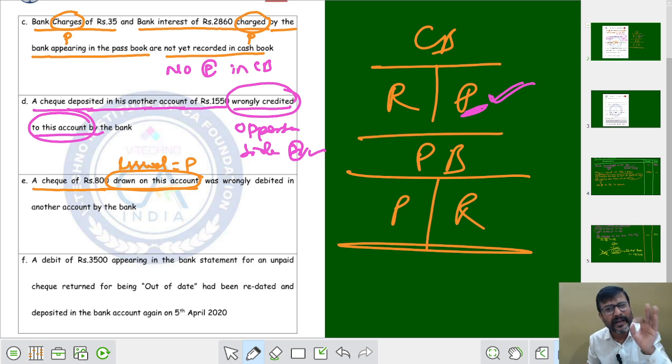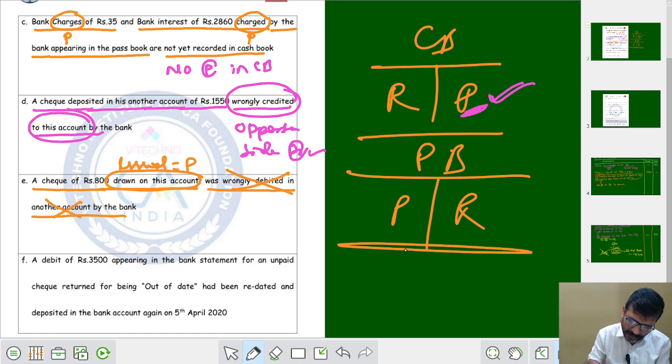But what did the banker do? It was wrongly debited to another account. It is not debited to this account. When it is wrongly debited to another account, it is not to be considered. Then what do we have to consider? Check issued, check drawn on this account means not entered.